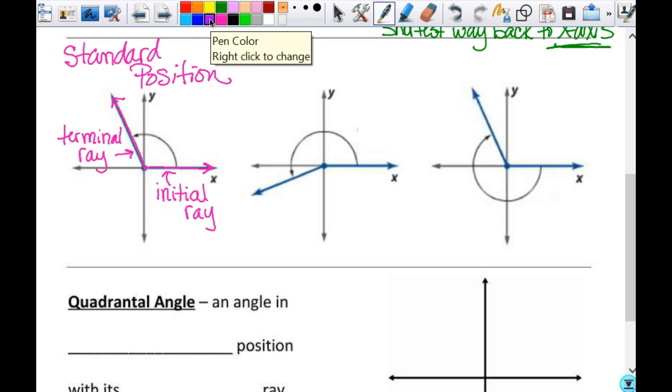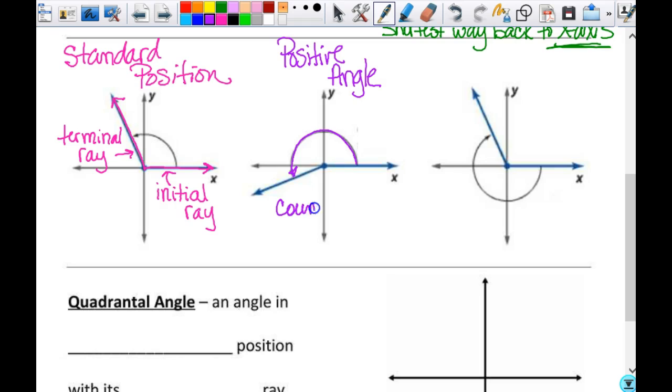Okay, so then this right here is an example of a positive angle. So to come from here around here, when it is positive, that means that you have a counterclockwise rotation.